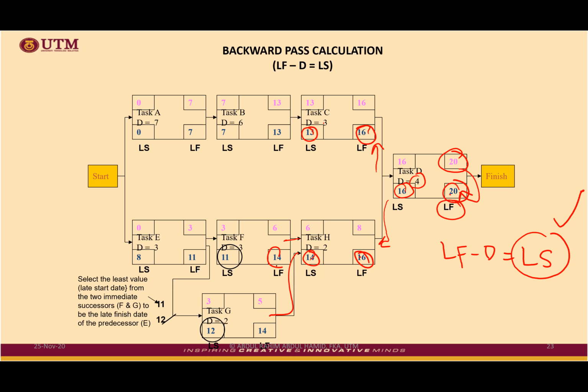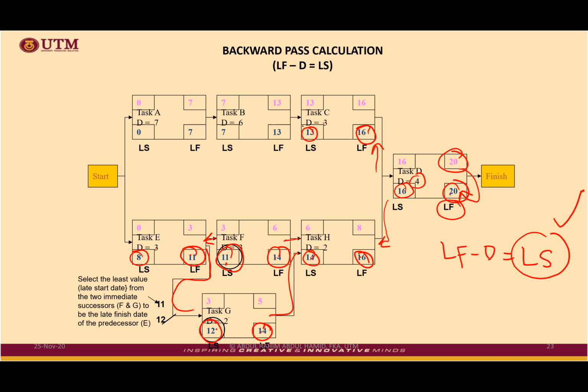So 14 is here, 14 is there, and then within the box, 14 minus 3 equivalent to 11, 14 minus 2 equivalent to 12. Now there are two arrows going back here. You notice there are two values, and we choose the smaller value, 11. 11 minus 3 equivalent to 8.